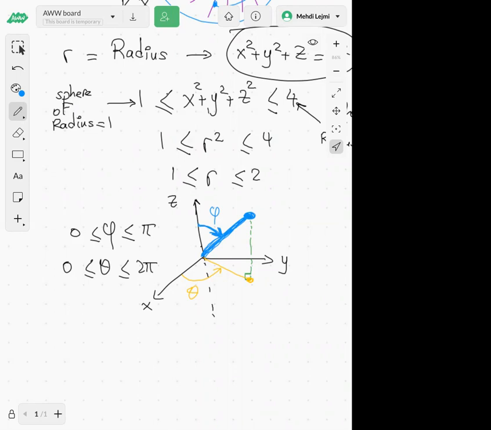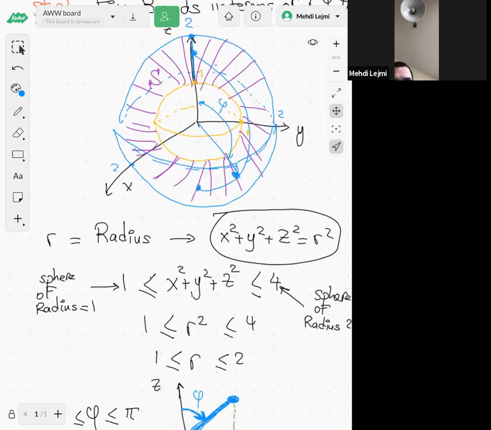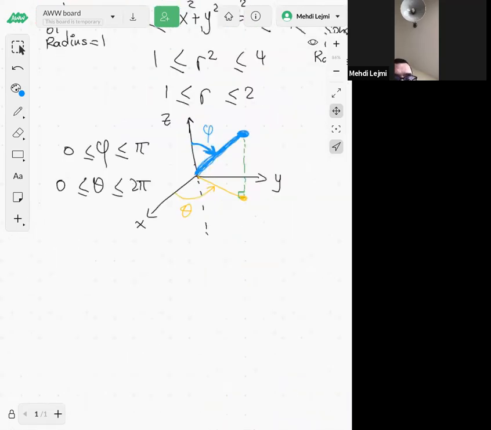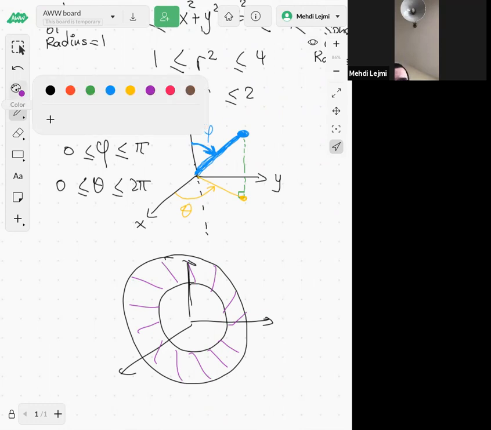Now, in my region, my solid S, probably I should graph my solid S again. So the idea is my solid S would be like this region here, bounded by the two spheres, right? And what I'm saying is my phi could go from 0 to pi, because if you have a point here, then here's my phi.